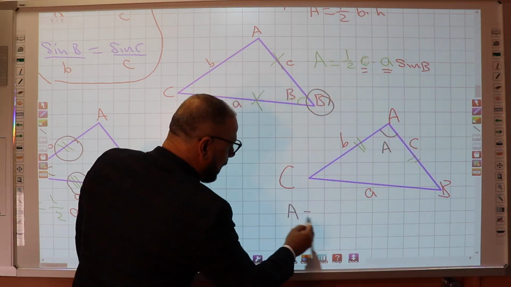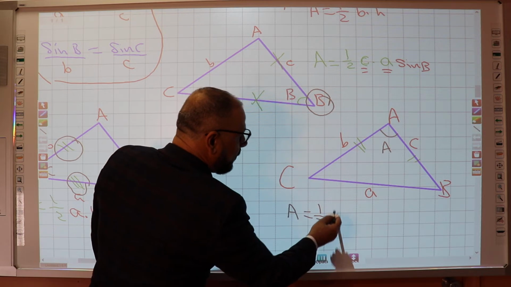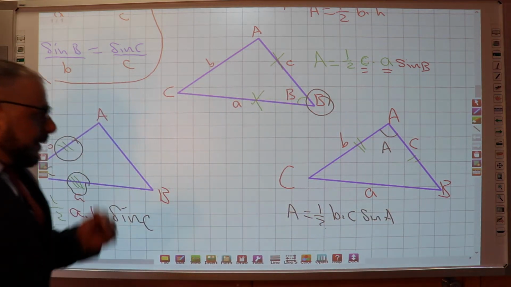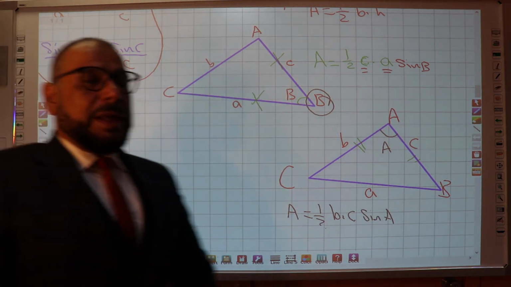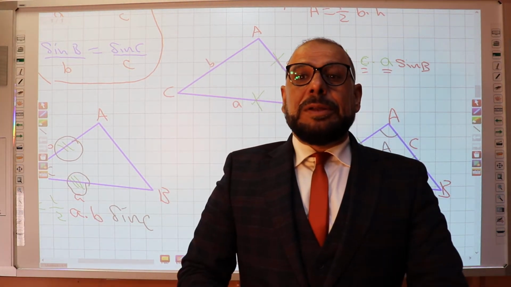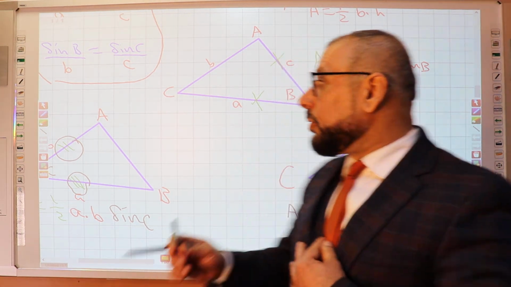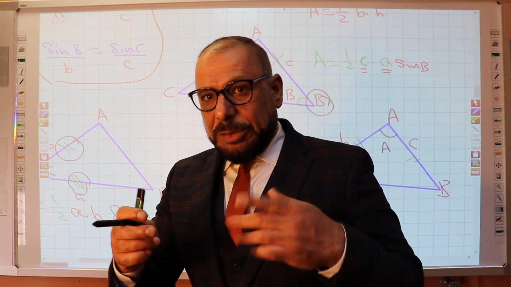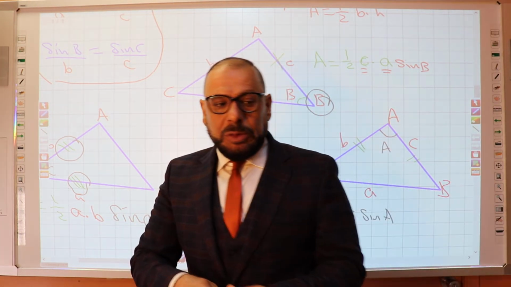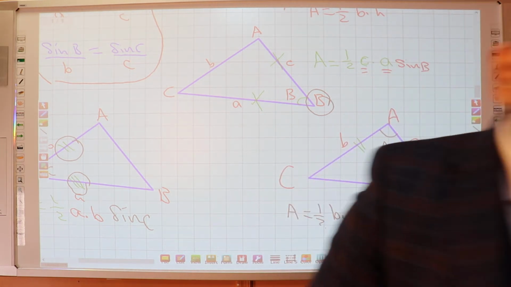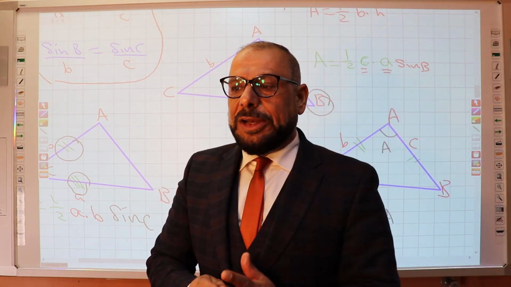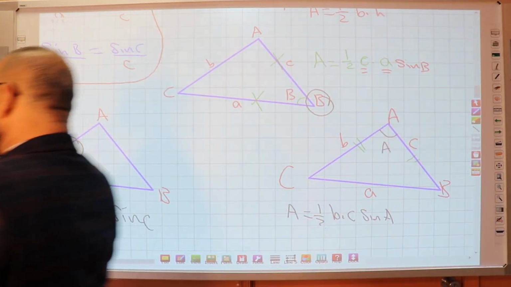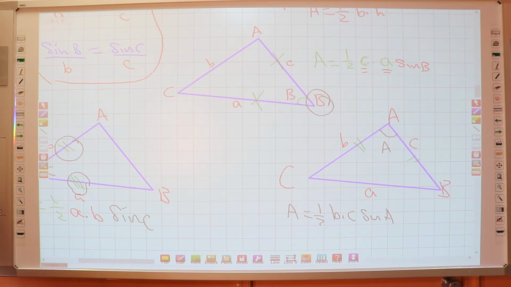Then area equals half b c sine A. Good. Now we have to understand, for any triangle, if we have two sides given and the angle between them, that means we can find the area. How to find the angles? We have to use the law of sines, these ratios here.